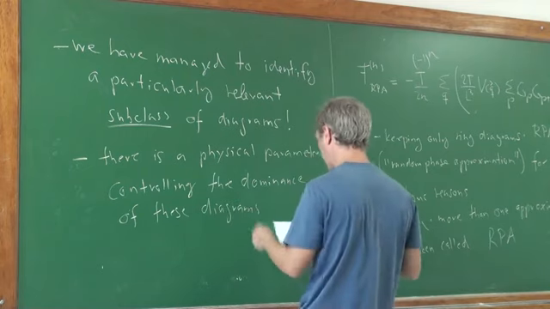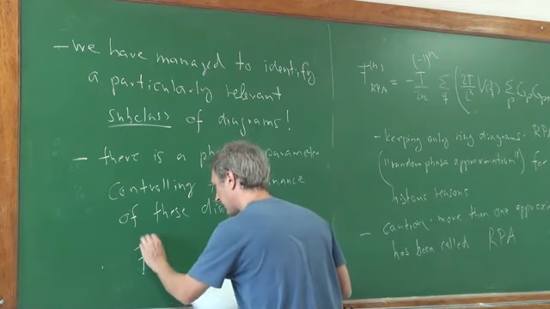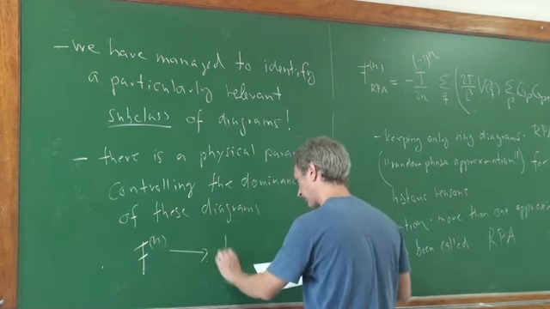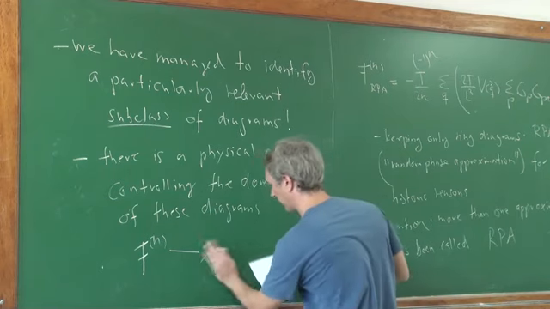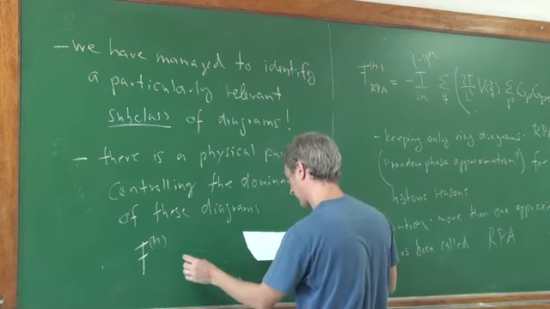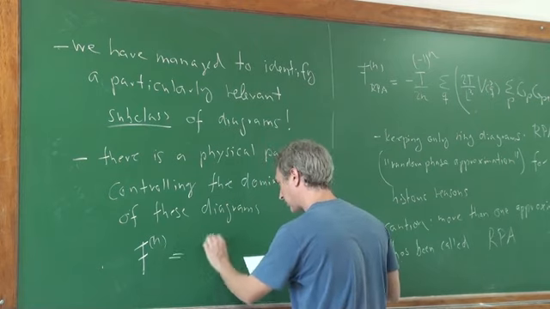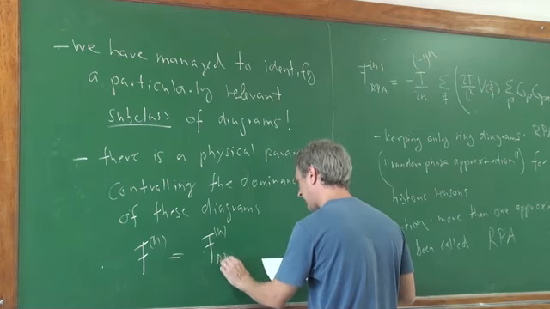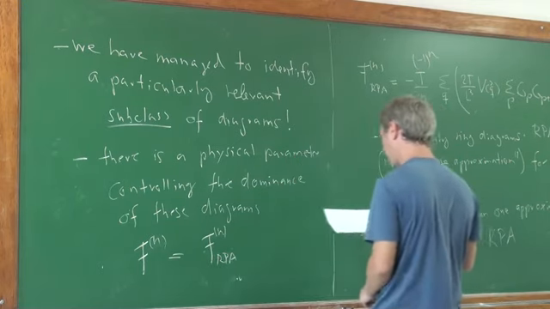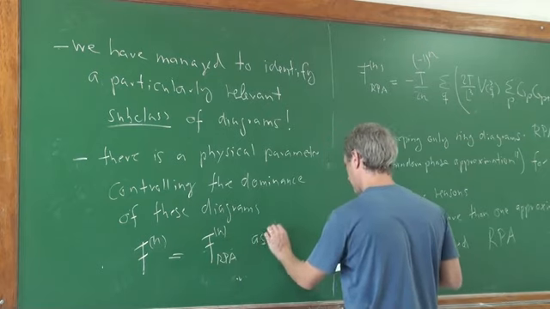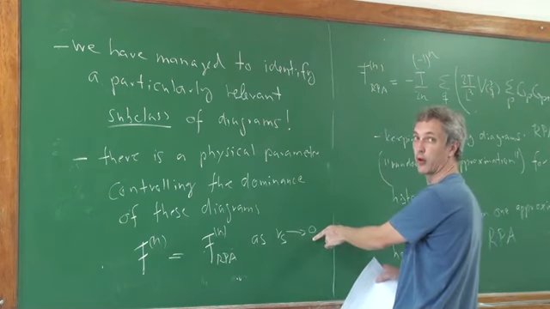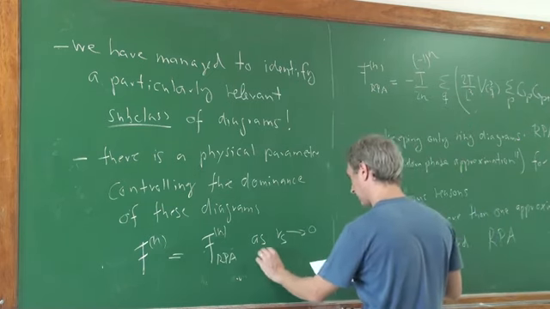So we know that if you go to the infinite density limit, the nth order contribution corresponds to, or is identical to, the RPA contribution as the parameter that controls our density goes to 0.